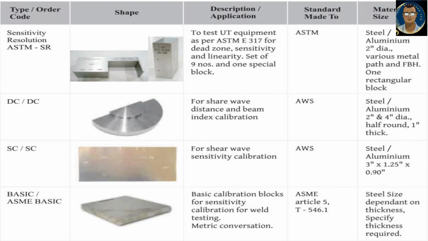What should be considered while selecting a calibration block? While choosing a calibration block, the specification standards and your company procedures required for the inspection, such as ASME for pressure vessels, dictate the type of calibration block which we need.